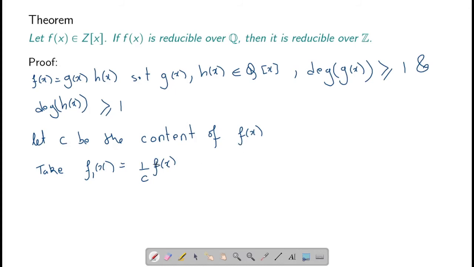Which means that if I divide all the coefficients of f by c, the content of f1 of x will become 1, which means that f1 of x is a primitive polynomial. And we will also take g1 of x to be 1 upon c times g of x.